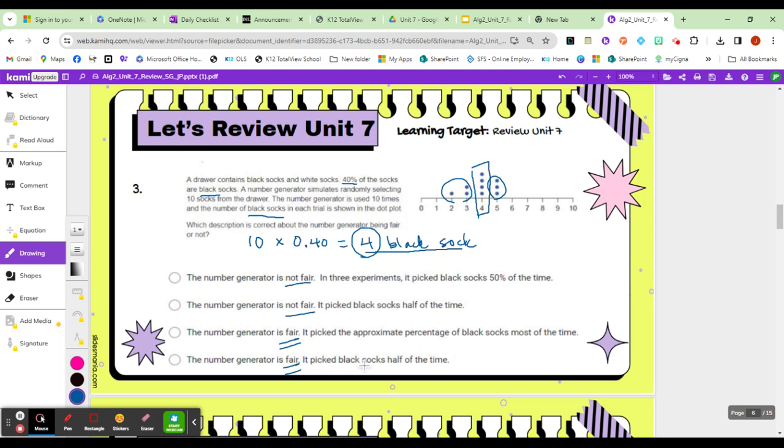It picked black socks half of the time. It's not supposed to pick it half the time. It's only supposed to pick it 40%. Half would be 50. So they're trying to throw you off there with half the time. So it is true that the number generator is fair, and it picked approximately 40%, which was 4 black socks most of the time.